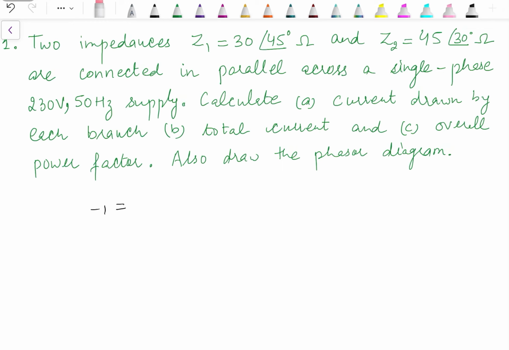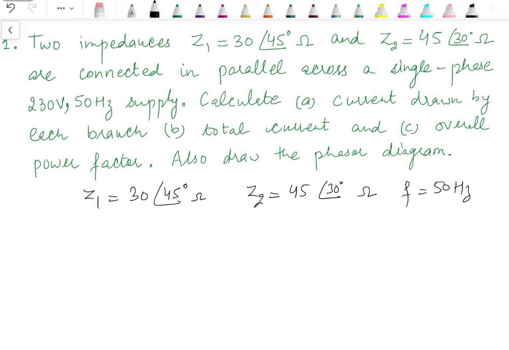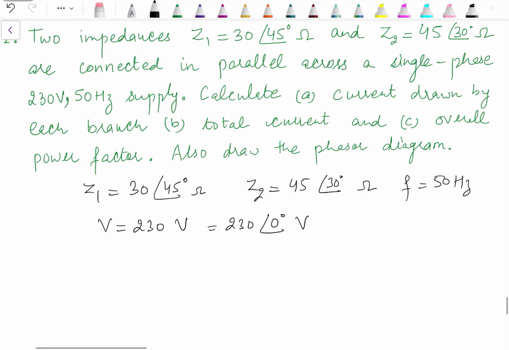Let's write what is given. Z1 is 30 angle 45 degree ohms. Z2 is 45 angle 30 degree ohms. Frequency is 50 hertz, though we don't need to use it. Voltage is 230 volts, or we can write this as 230 angle 0, or you can simply write 230, because this is going to be the reference.